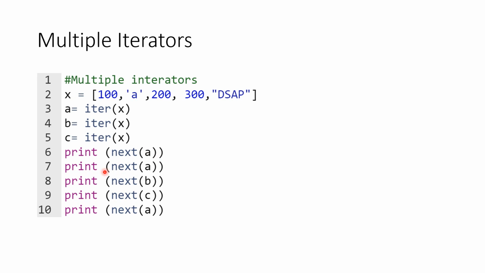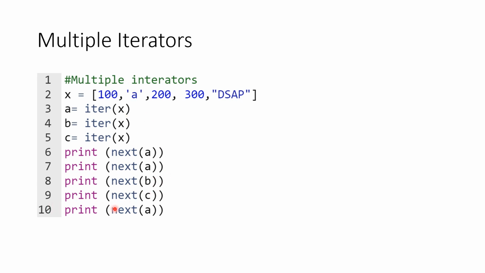The next time I iterate through the iterator A, it will get the next element, which is A. Now I iterate X through the iterator B. As this is the first time, the iterator will start from 0 for B, whereas A already has access up to index 1. B is only starting now, so it will be 0 over here.